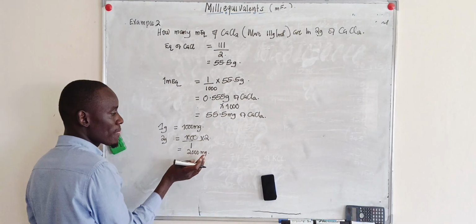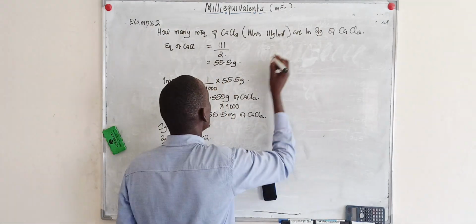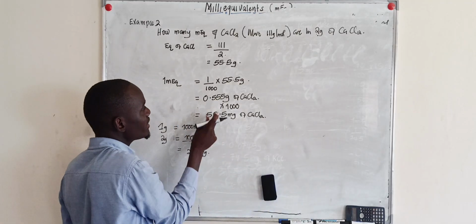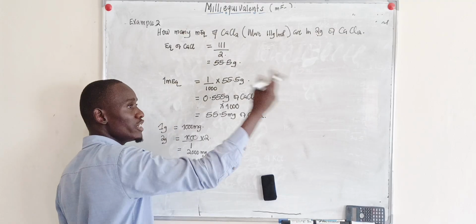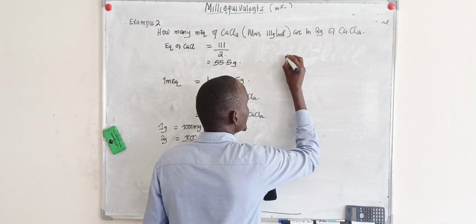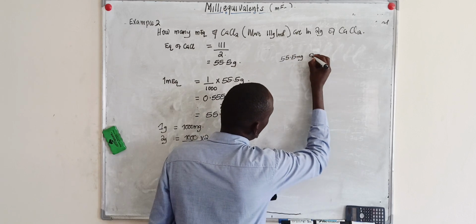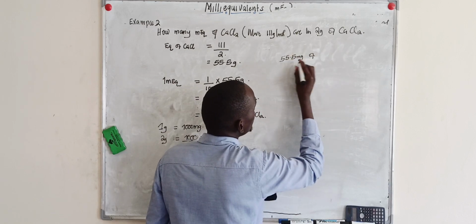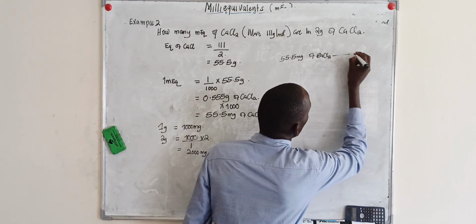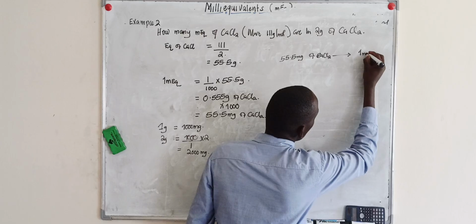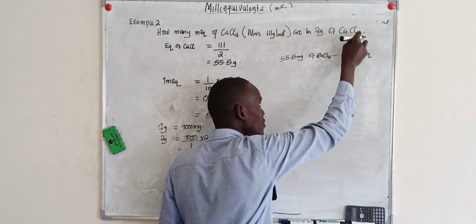After knowing that 2 grams is equivalent to 2,000 milligrams, we write from first principle. Remember, we have said that 1 milliequivalent is equivalent to this mass, but we are looking for the milliequivalents, so it should be on our right. So we say that 55.5 milligrams of calcium chloride contain 1 milliequivalent each of calcium and chloride ions.